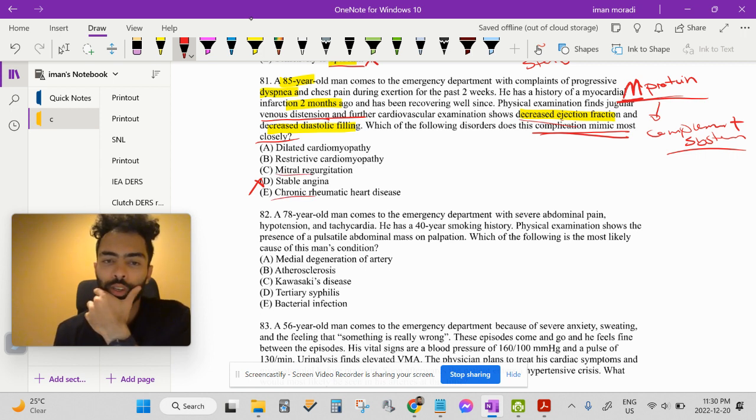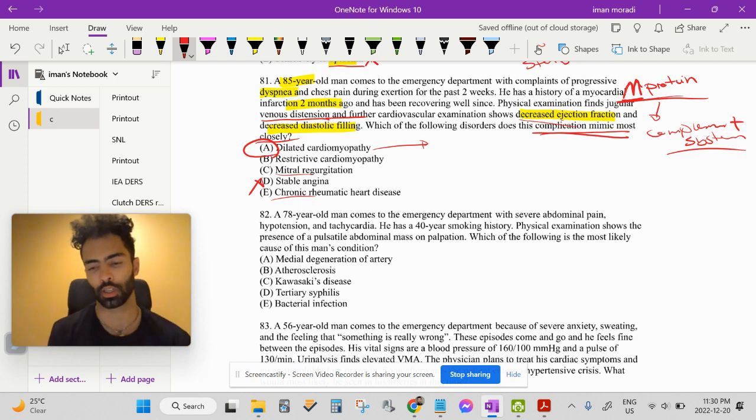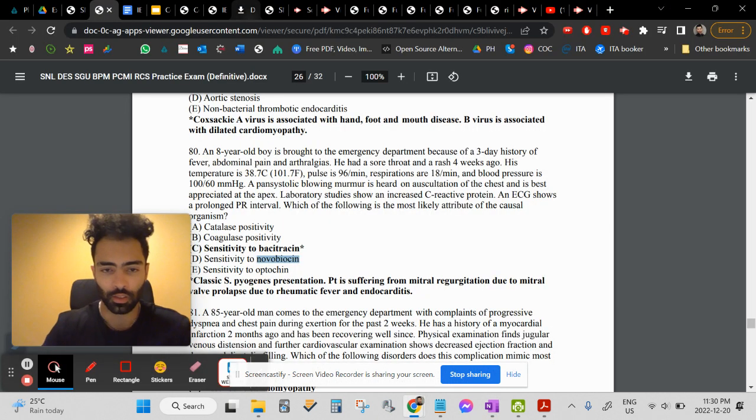To be honest, dilated cardiomyopathy has both. It has decreased ejection fraction, and because it can't get rid of that blood, blood backs up before it. So this patient probably does have something like that.